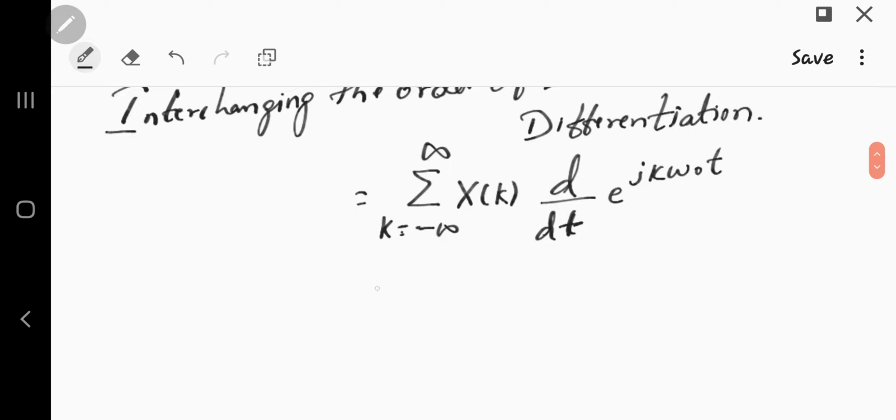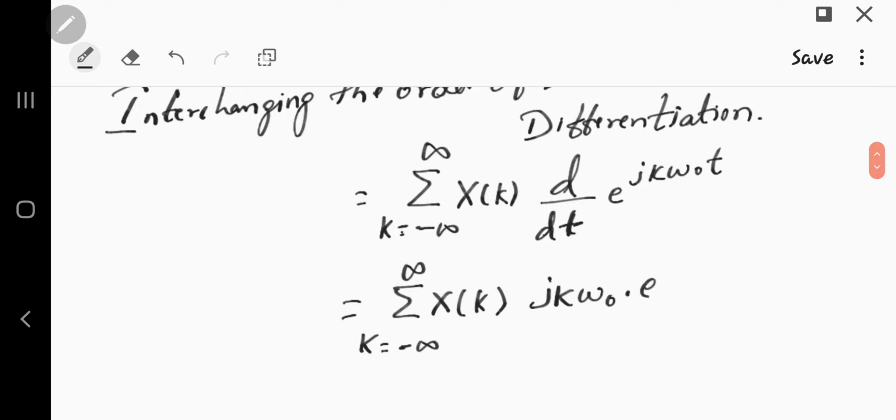Now if you differentiate this, you will get j k omega naught into e power j k omega naught t. So this is what you are going to get if you differentiate this with respect to t.